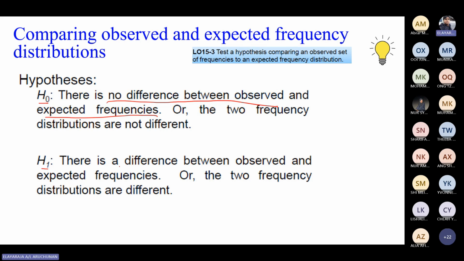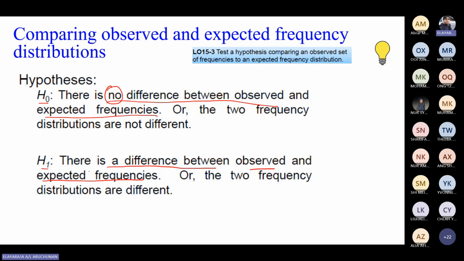The alternative hypothesis goes against the null hypothesis, so we just write that there is a difference between observed and expected frequency.